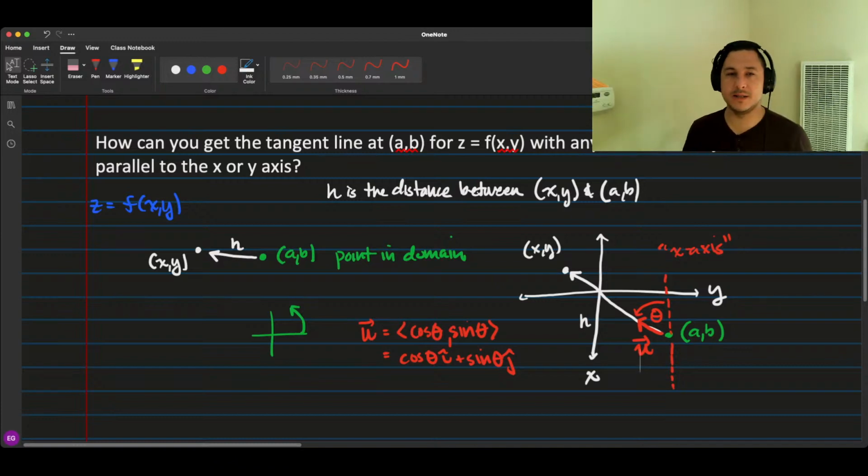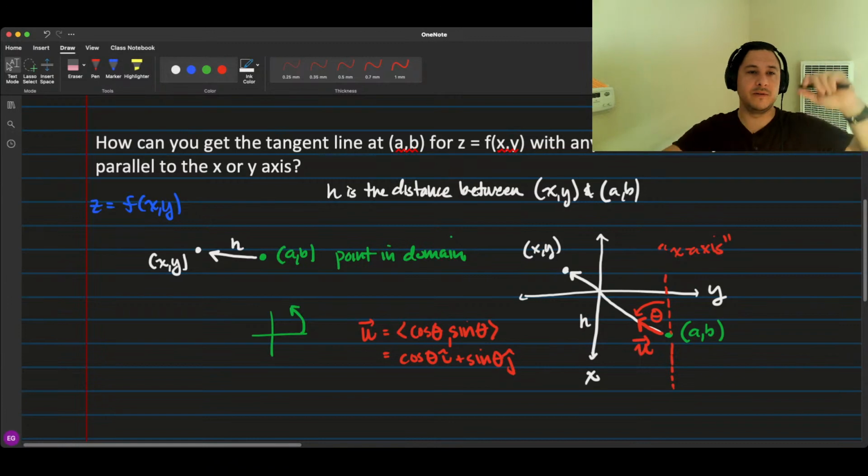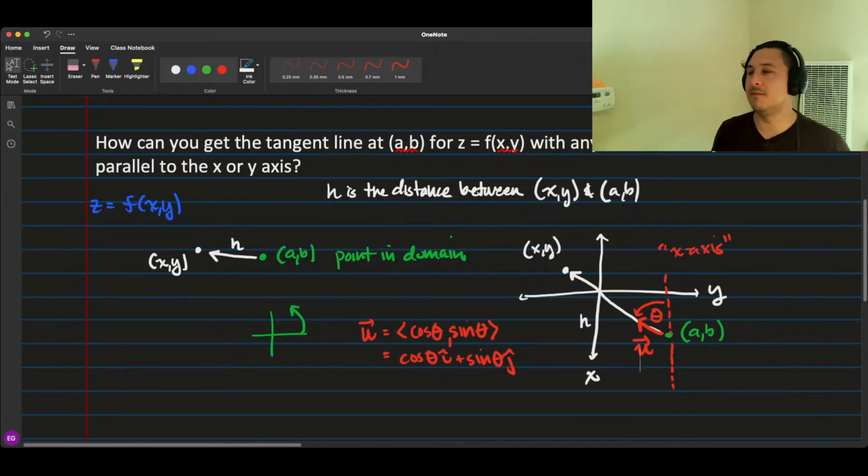Okay, I should pause and see if there are questions. Does it make sense that what this vector u is doing is pointing towards the point that's forming the second point for the secant line? And did we get how I came up with that?